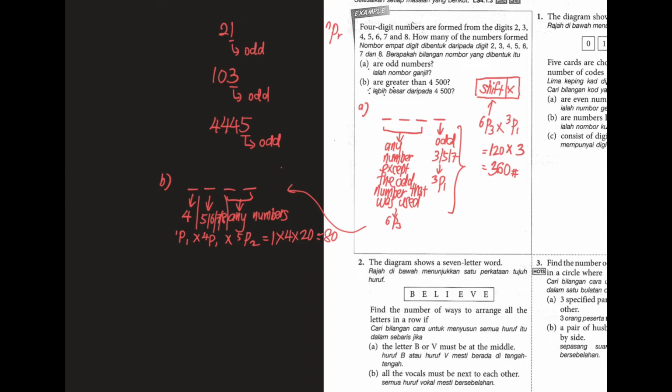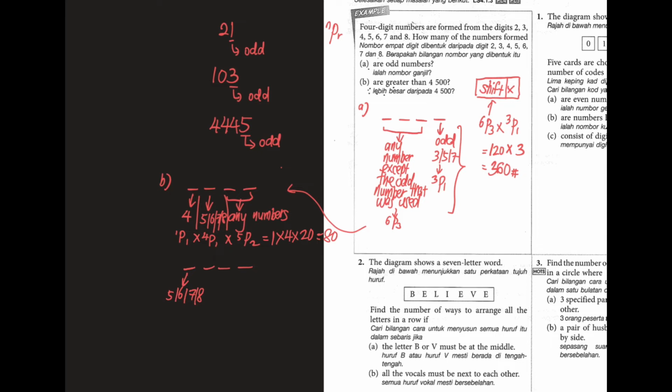Okay, now let's continue. Okay, so we have done 4,000 something. 5,000 something is going to be easier. So as long as the first digit is 5, 6, 7, or 8, then you will get the 5,000 something, 6,000 something, 7,000 something, and 8,000 something.